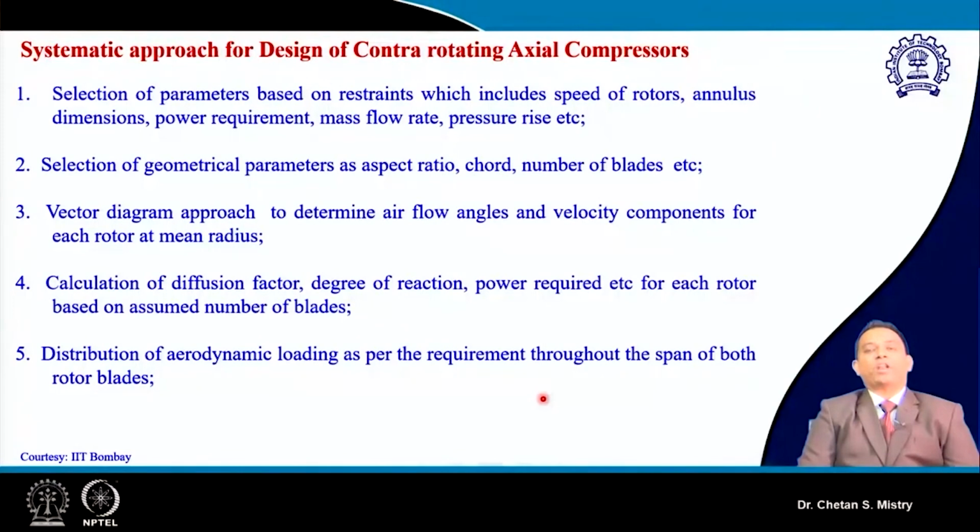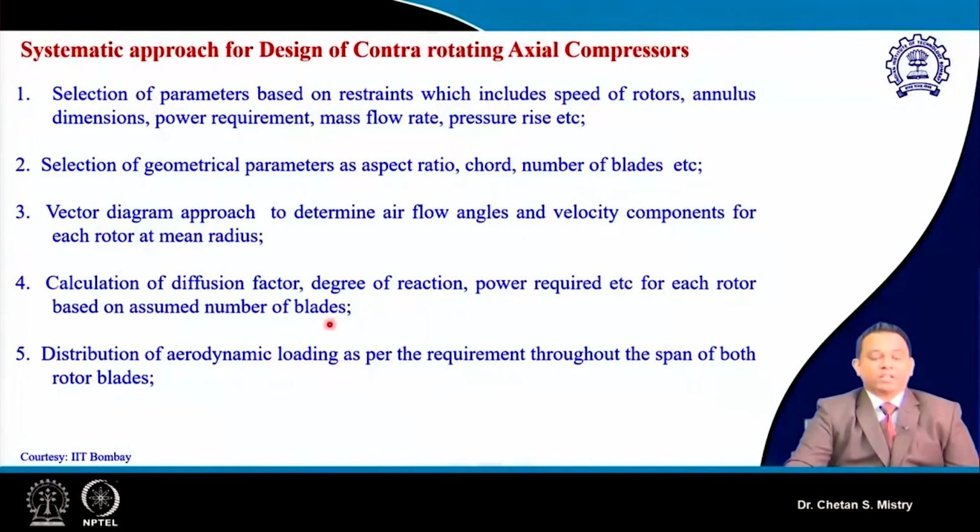Selection of geometrical parameters like aspect ratio, chord and number of blades was initially assumed. Then, from what we have learned about the design of axial flow compressors, we went with velocity triangles and calculation of different velocity components. Then we calculated our performance parameters, say diffusion factor, degree of reaction and power requirement. Based on that, we finalized some of the parameters.